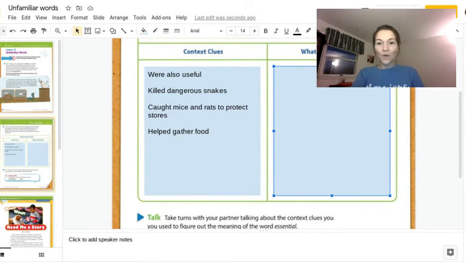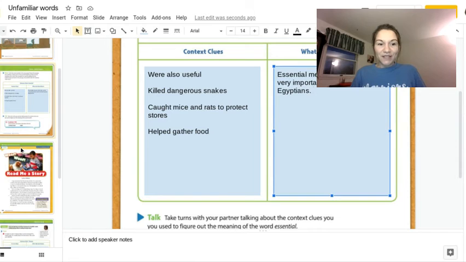So, what the word means on this side, I'm going to put that essential means the cats were very important and needed by the Egyptians.